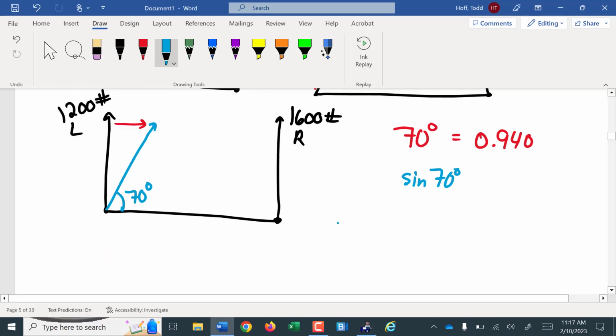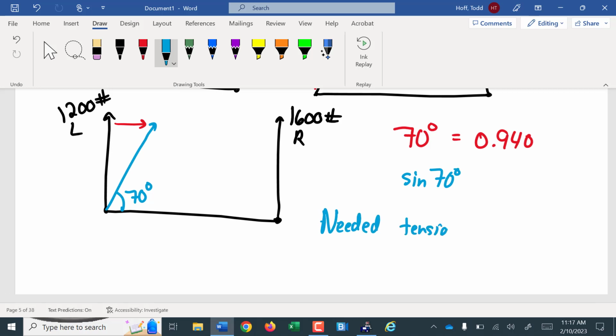So what I have to do to figure out what that cable needs to hold: my needed tension on the cable is to take the required reaction, which is the 1,200 pounds, divided by the 0.940.